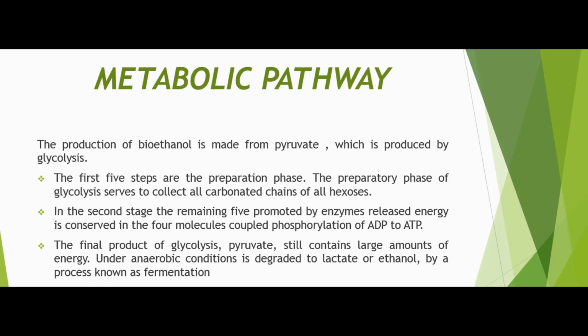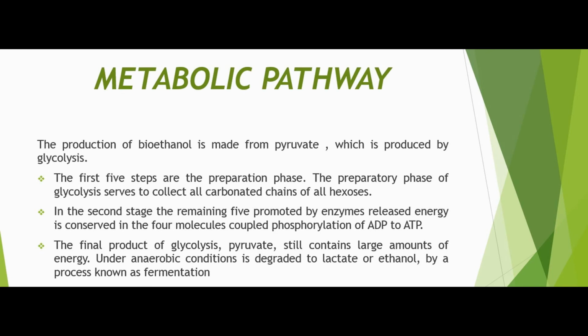Metabolic pathway. The production of bioethanol is made from pyruvate, which is produced by glycolysis. The first 5 stages are the preparation phase. The preparatory phase of glycolysis serves to collect all the carbon chains of all the hexoses.